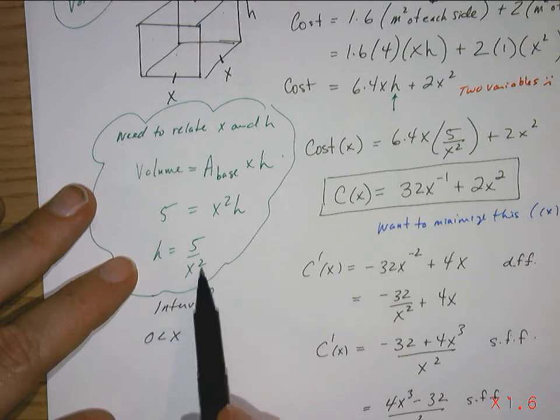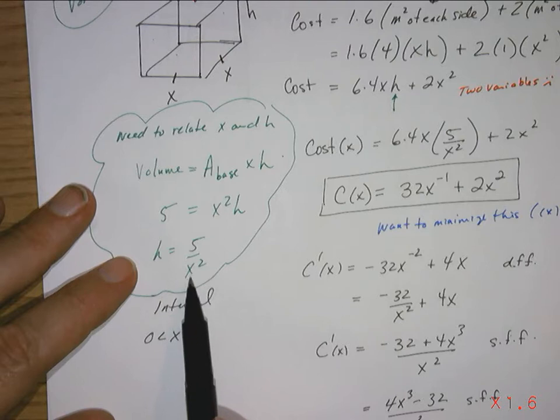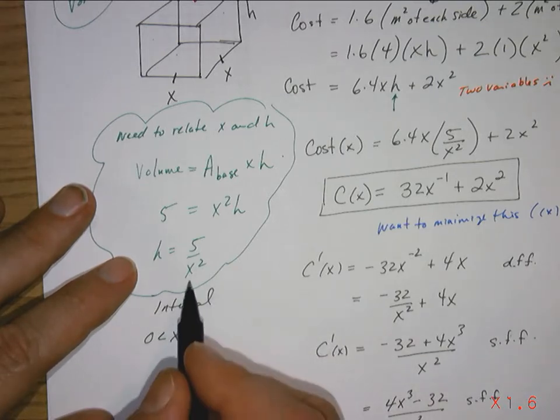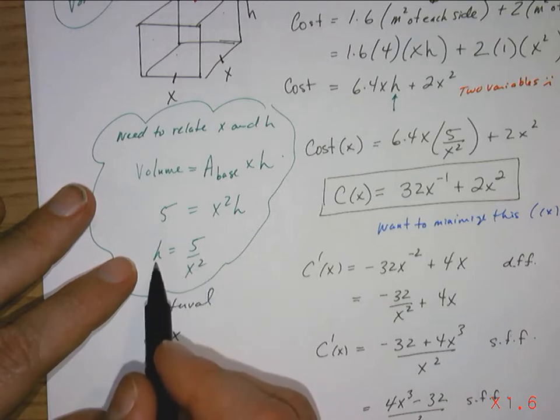Well, the answer is no. It's x squared. There's no way I can get a negative from 5 over x squared. Is there any way that h is going to be 0? Well, no. No matter what value of x I put in, I'm never going to get 5 divided by x squared being 0. So the truth of the matter is, x can get as big as I want, as long as h can get as small as I want.